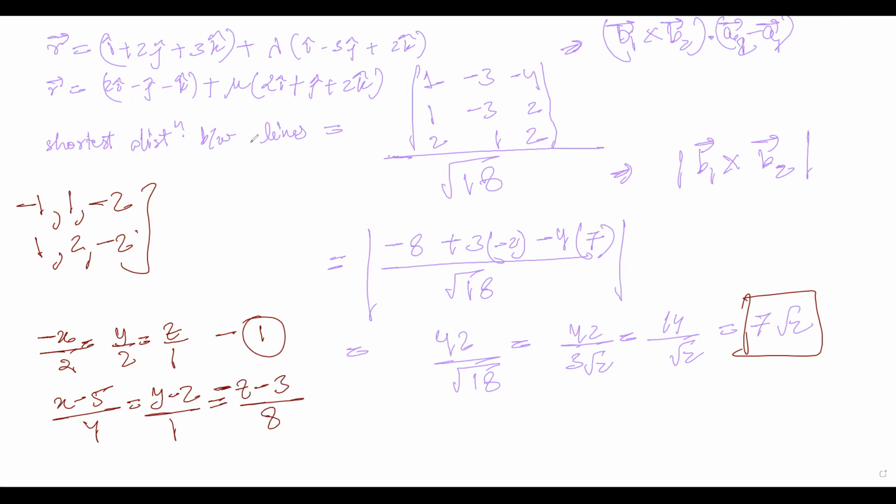Also changing this to minus z, the other is minus z plus 3 by 8. These two equations are given to you. You have to find out the angle cos theta.